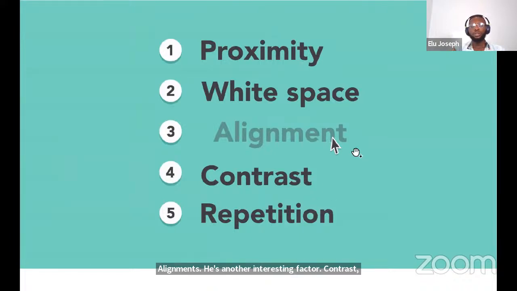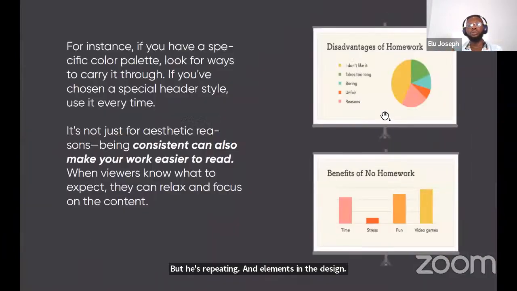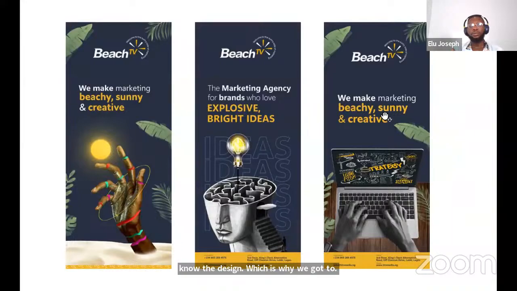Then I said repetition is not repeating a shape to create patterns like we talked about in principles of design, but repeating an element in a design to another design, which is how we got to this part where things are repeated.